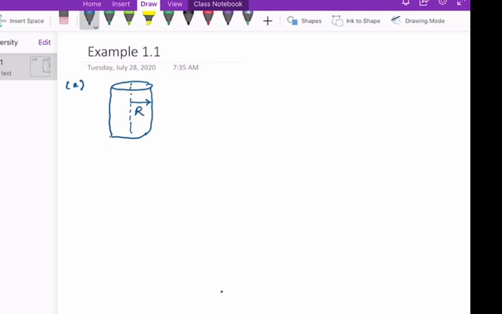And let me come over here to the side and express what I know about that radius. It's 1.00 kilometers. Remember, kilo is 10 to the 3, so that's 10 to the 3 meters. That's 1,000 meters, which I can also write in scientific notation. 1 times 10 to the 3 meters.